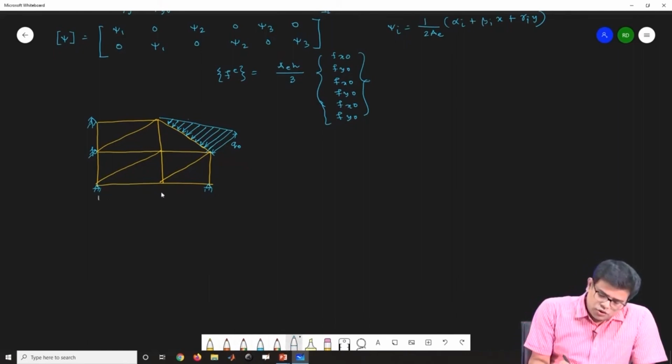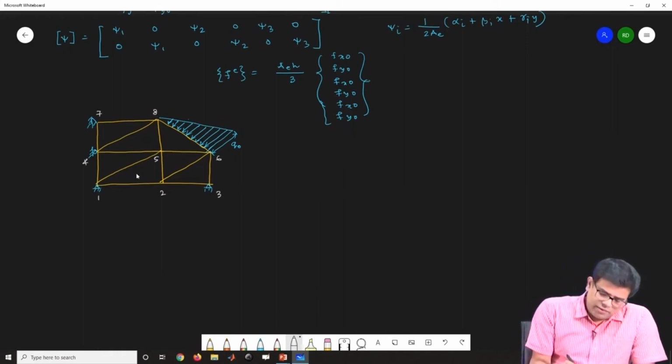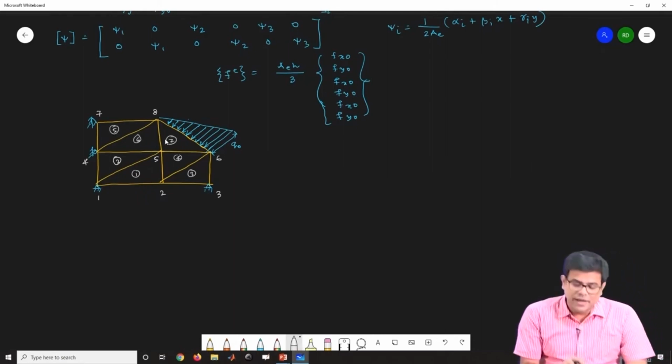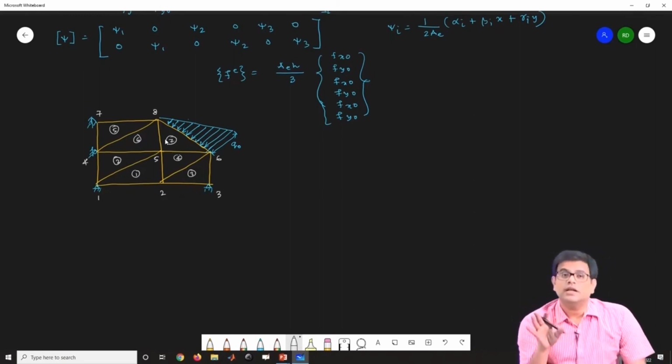So nodes 1, 2, 3, 4, 5, 6, 7, 8. Now all the elements, say element number 1, 2, 3, 4, 5, 6, 7. So all 7 elements and you have 8 nodes. So the total degrees of freedom is 16.